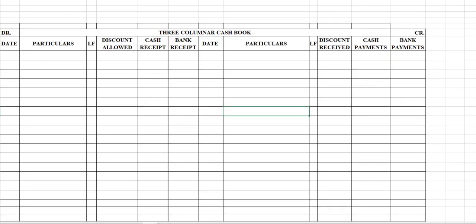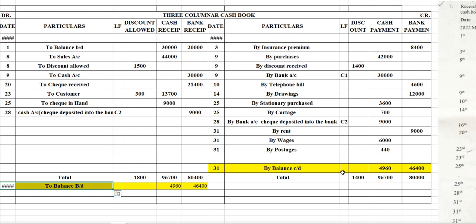That is sufficient. Now, I'm sure that you have learned simple single column cash book, 2-column cash book and 3-column cash books. Okay. Analytical petty cash book, I have taught it in the classroom. This is sufficient as of now. Okay. Thank you.